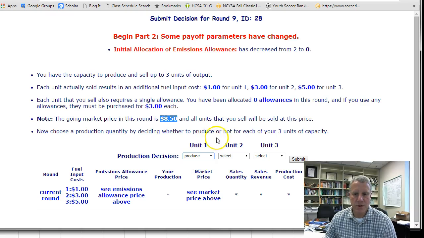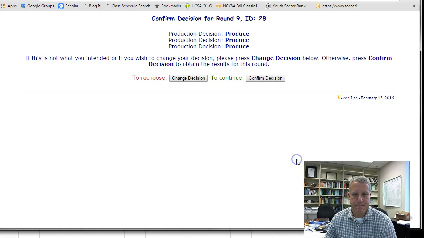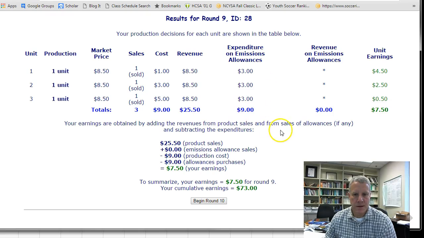So I'll produce that first unit. The cost to produce the second unit is $6. I'll produce that. The cost to produce the third unit is $8, and I'll produce that. And I made money on each unit I produced.